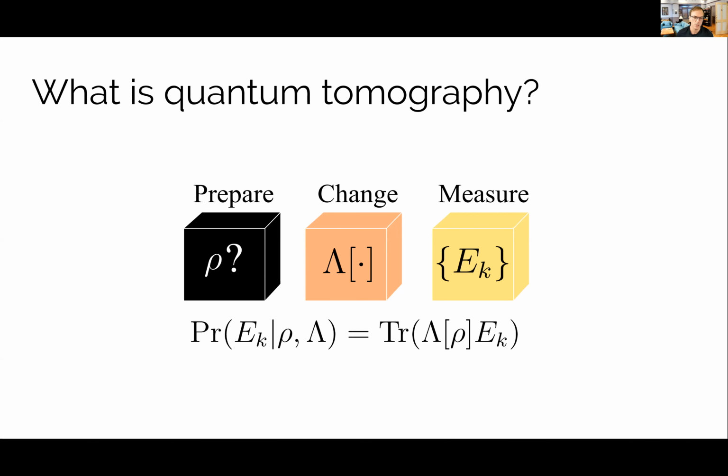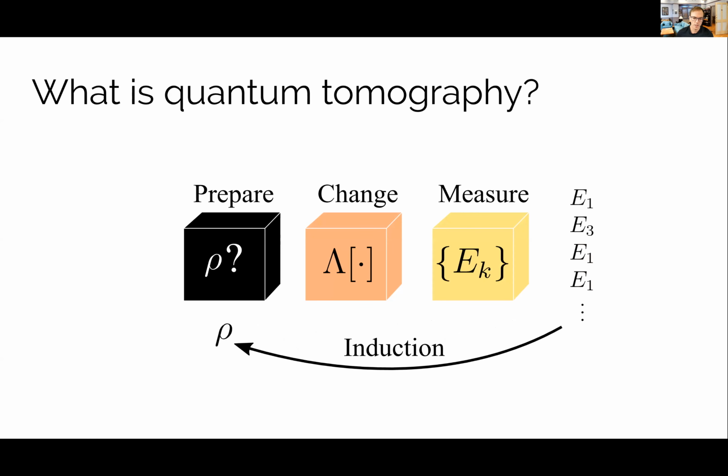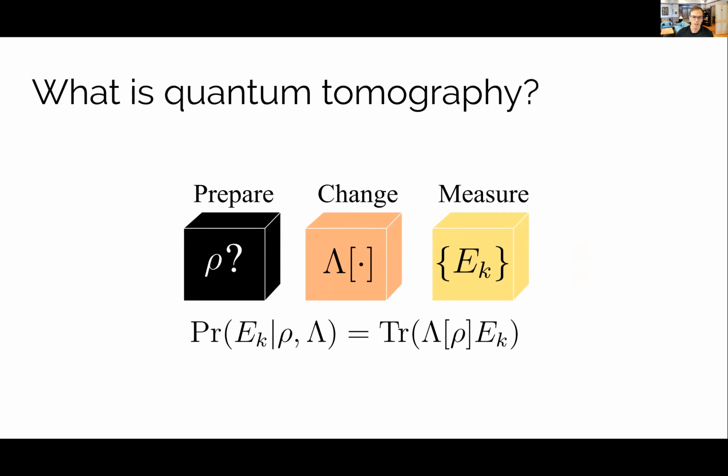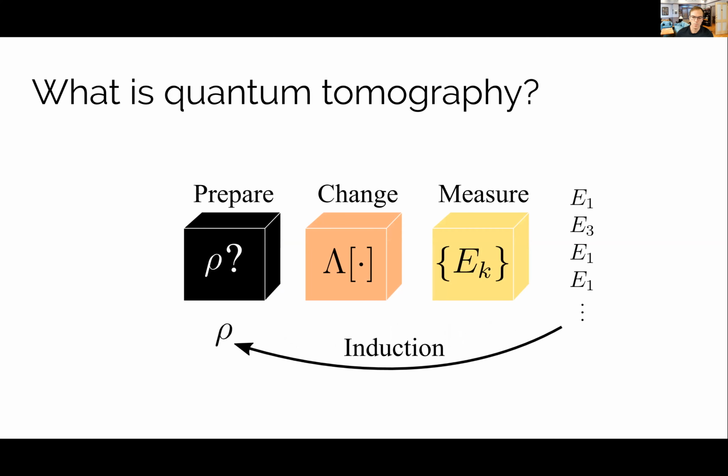I need to know this rho, this label on this preparation box, so that I can calculate the probabilities for the outcomes of experiments. So the forward process, if I know everything about it, that's deduction. That's kind of standard calculations that we can do. The reverse process is called induction.